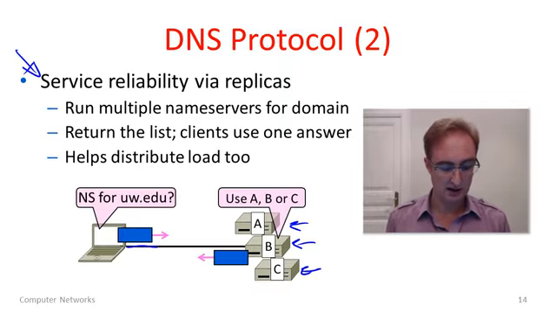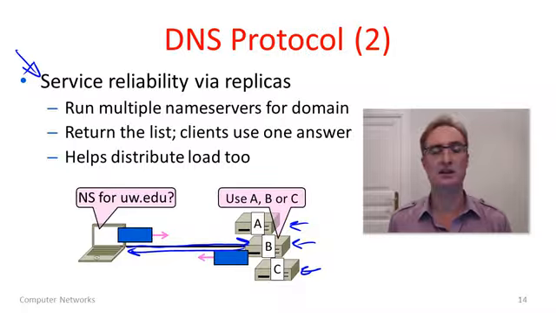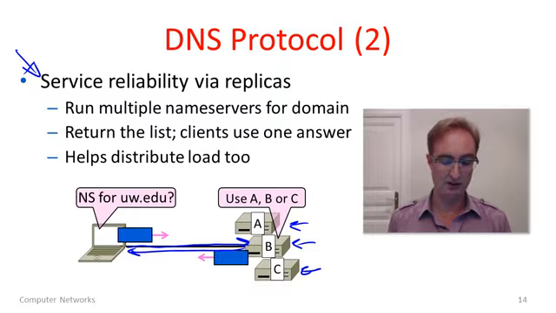A client here can contact any of the replicas with a query and get a response. All of these replicas contain exactly the same information. When they return information, they return lists of translations or resolutions, including lists of all of the name servers for the domain. So when B provides replies there, or when someone's told you about the domain, they've told you that A, B, and C are all name servers for that domain.